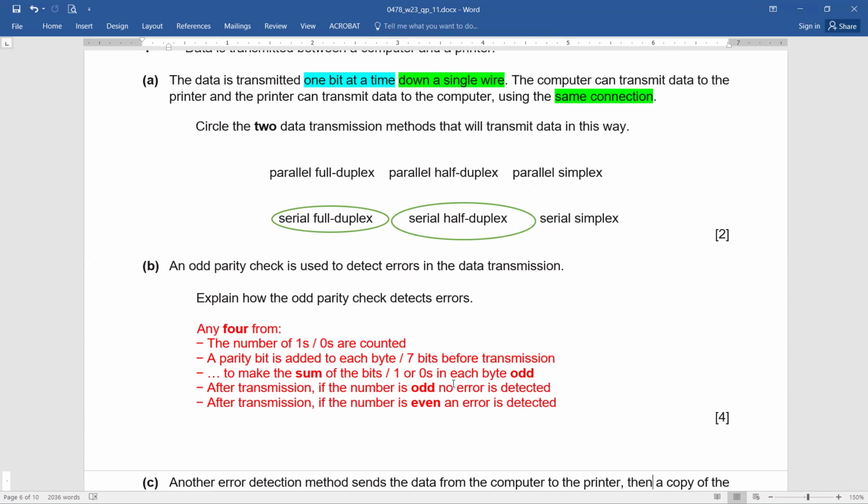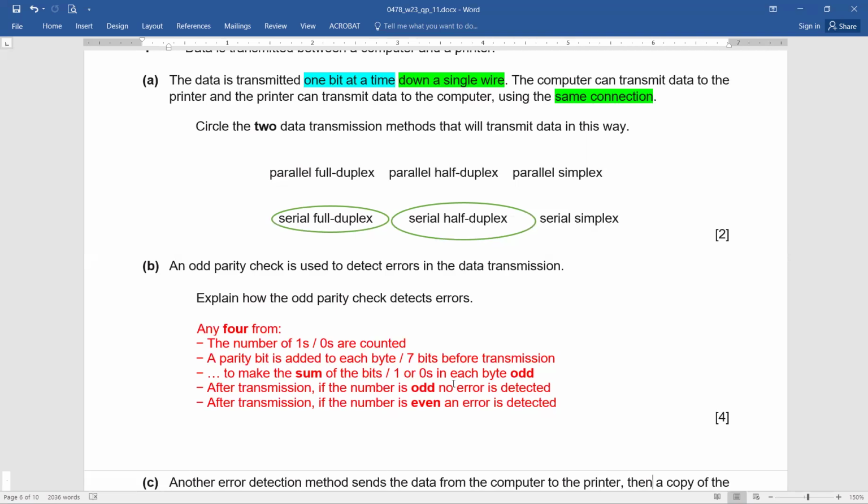We have learned this method, how to calculate the odd parity value. And here we are being asked to explain how we reached this answer. It's so simple. Whatever you do, just put it in your own words and explain it properly. Follow the sequence of what we have learned. First of all, count the number of ones.